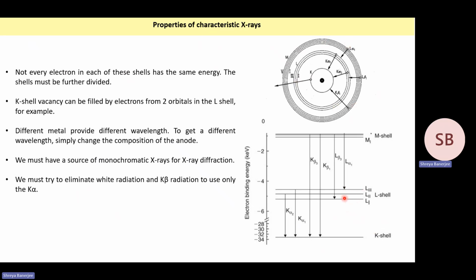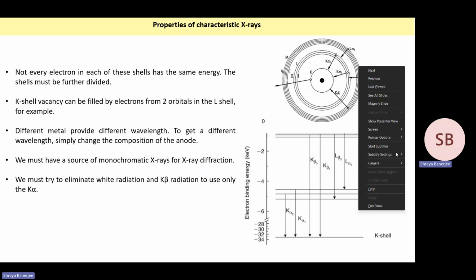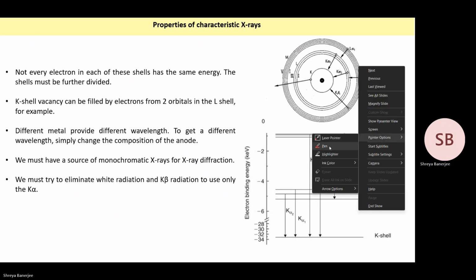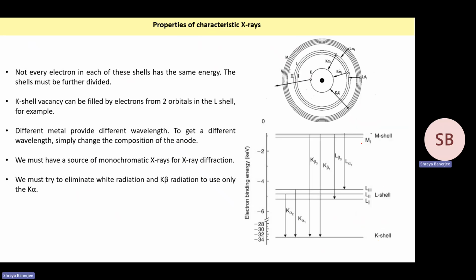So all electrons in the L shell do not have the same energy. There are three different energy levels within the L shell itself. And these are based on, so this K, L, and M, it is determined by the principal quantum number n. In K shell, it is 1. In L shell, it is 2.